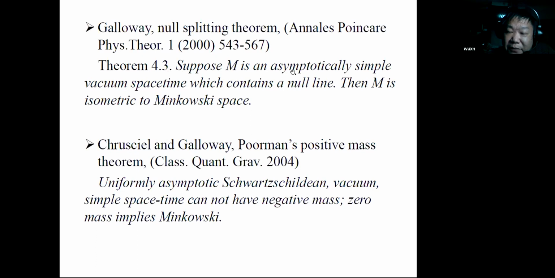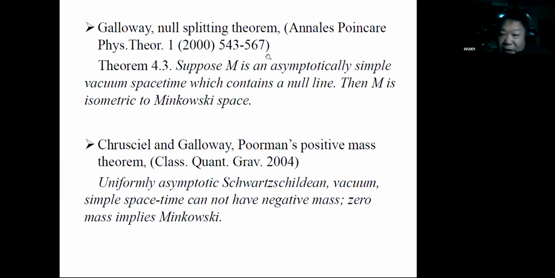If such a spacetime contains a null line, that means a complete null geodesic that contains no contact points, then M must be Minkowski space. That is a very important corollary based on Galloway's null splitting theorem.